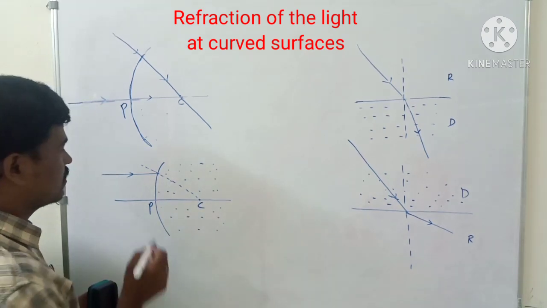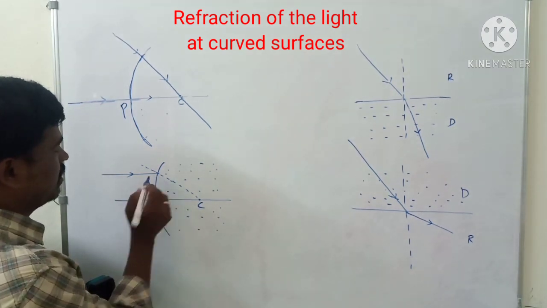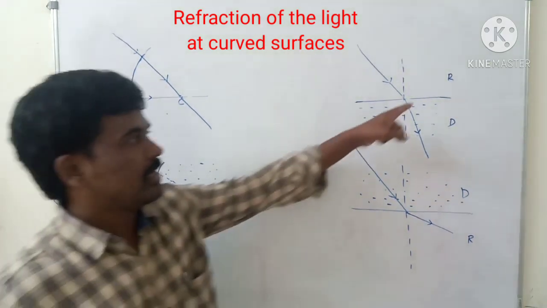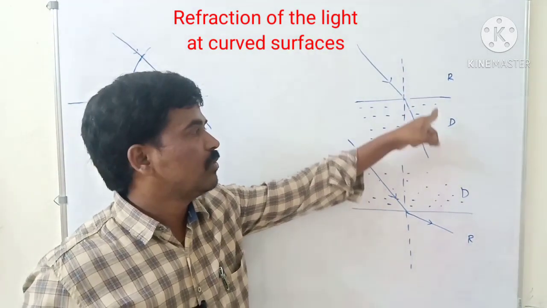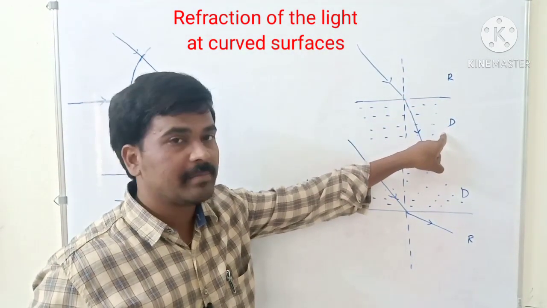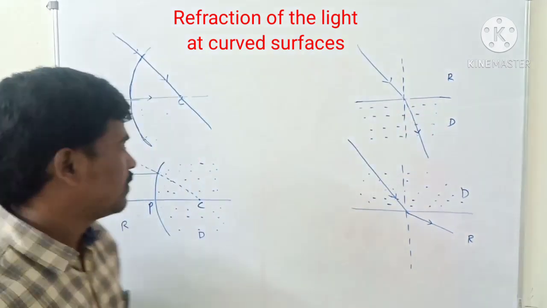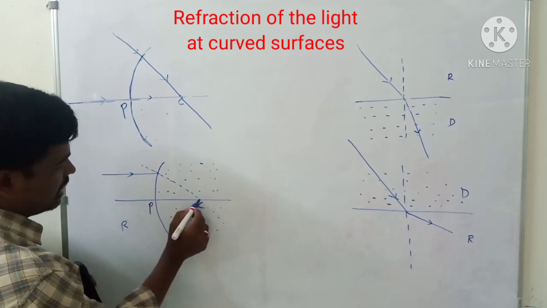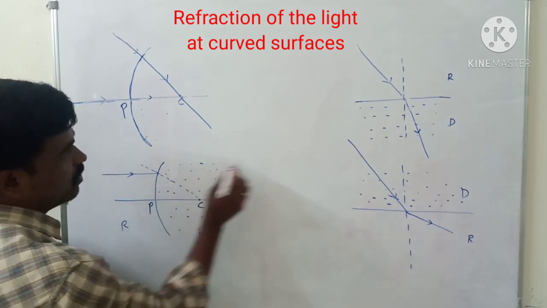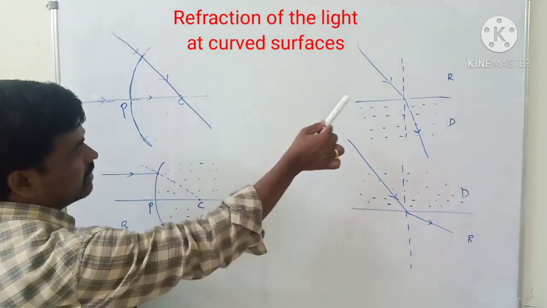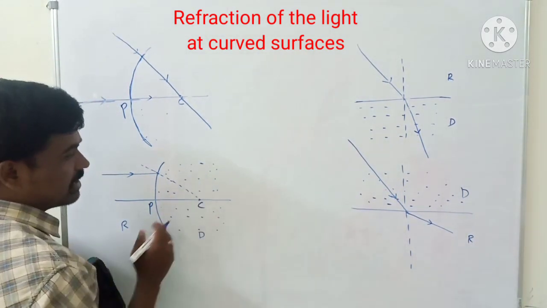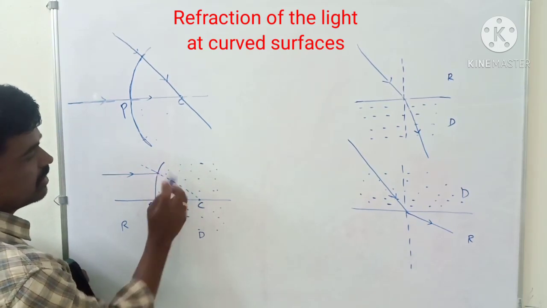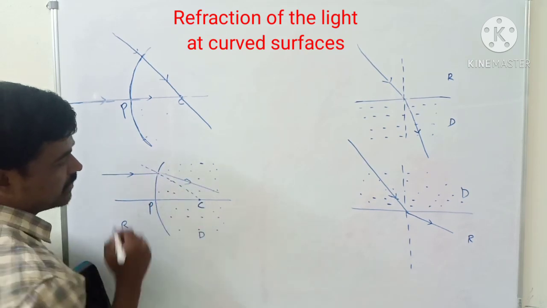The ray is going from the rarer medium to the denser medium. When it goes from rarer to denser medium, the ray bends towards the normal. For this point, this is the normal. So the actual direction is this, it bends towards the normal.